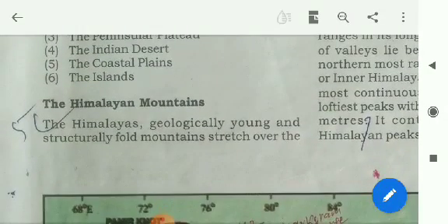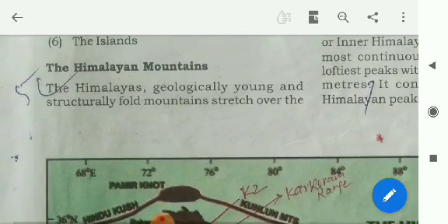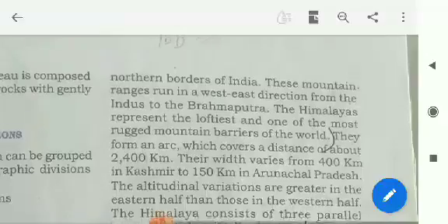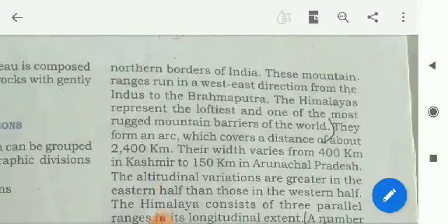What are the Himalayan mountains? Let's come to know. The Himalayas, geologically young and structurally fold mountains, stretch over the northern borders of India.